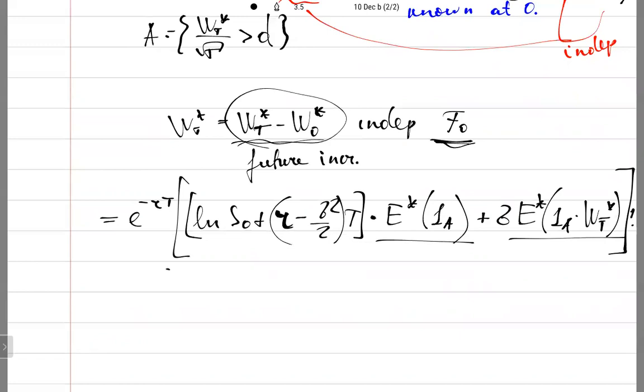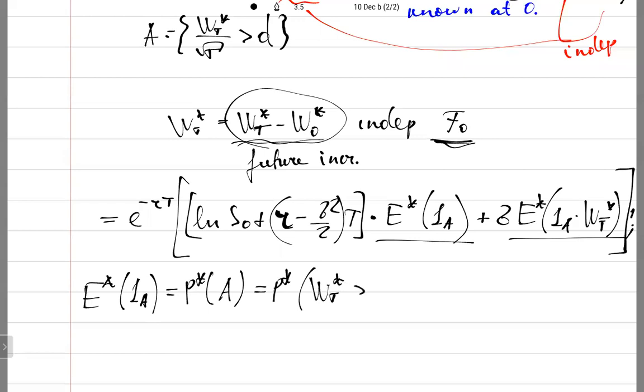Okay, let's calculate every term. Expected value of 1_A is just the probability of A, the probability that W_T star is greater than d square root of T. How can I express this probability in terms of the distribution function?